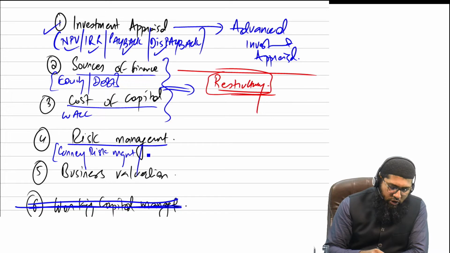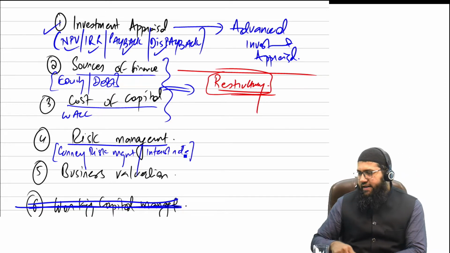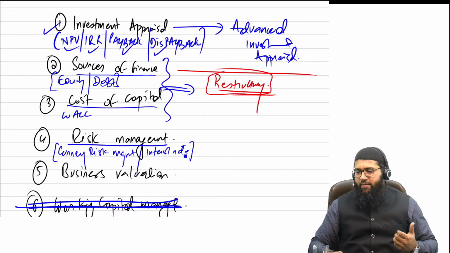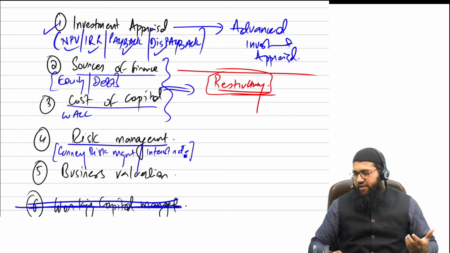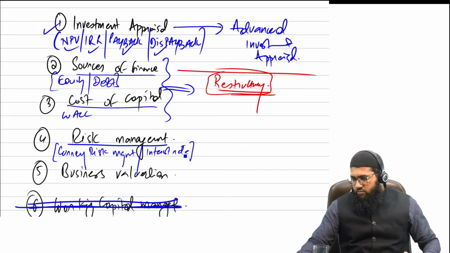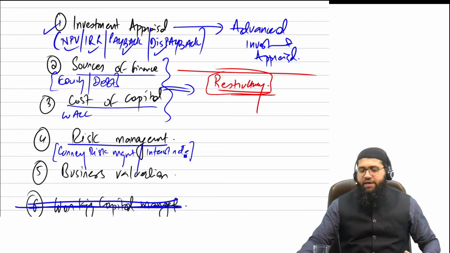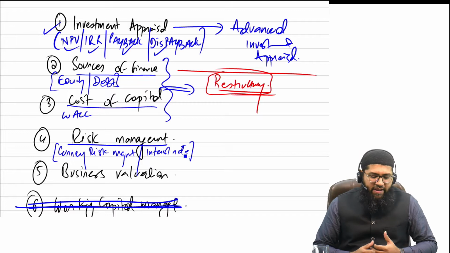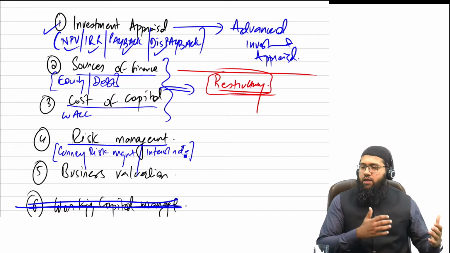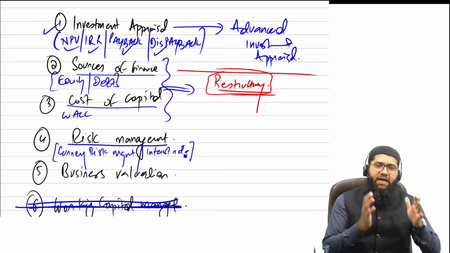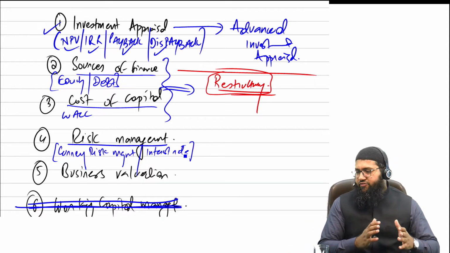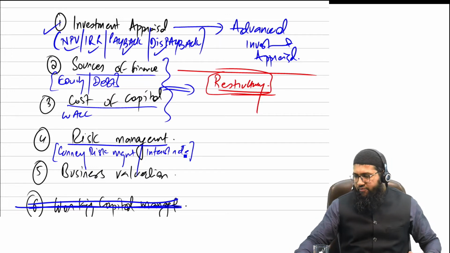We have talked about interest rate risk management and the different techniques with respect to it, which are the techniques of interest rate futures, interest rate options, interest rate swaps, etc.